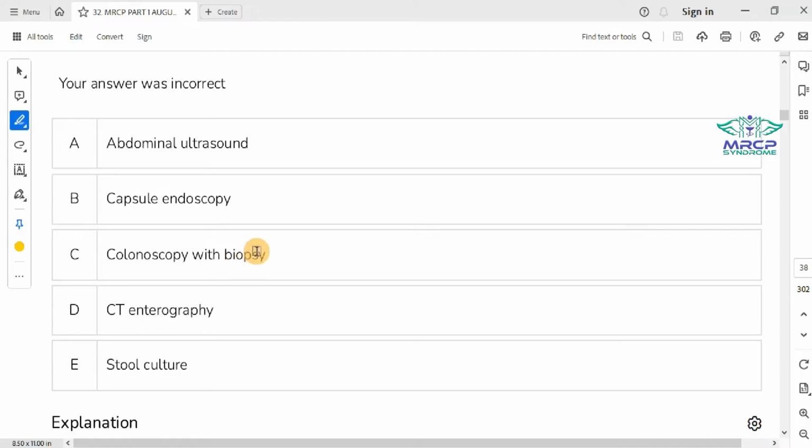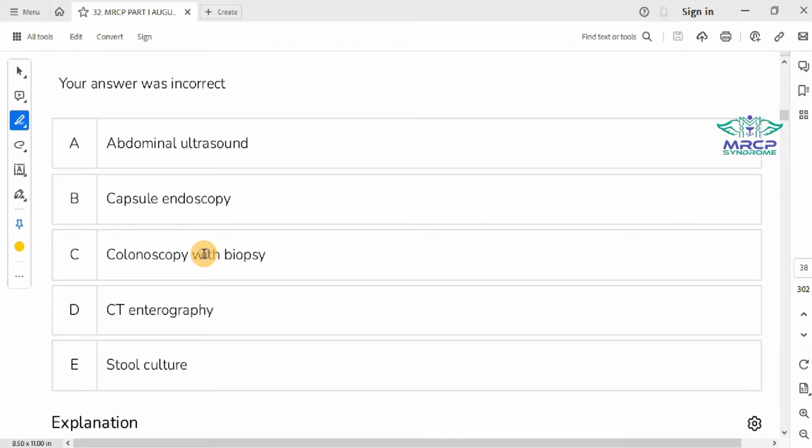On biopsy, you can also see chronic inflammation involving all the layers of the bowel wall, meaning transmural involvement. With colonoscopy, you can also evaluate the terminal ileum as well as the colon.